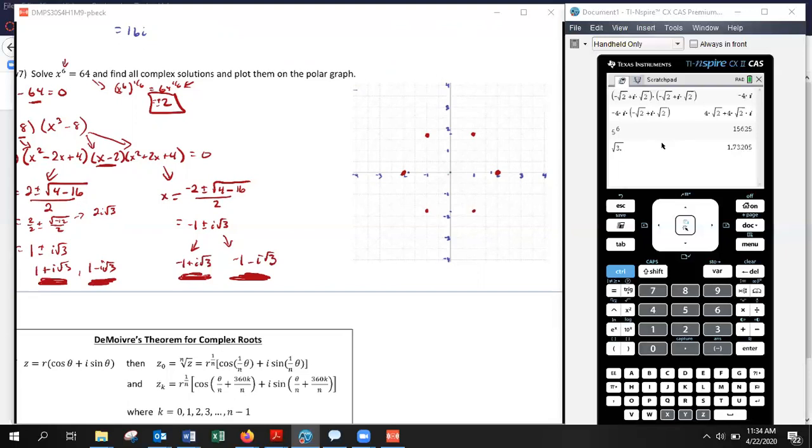Now, one of the very neat aspects about plotting polar numbers, and really polar roots, is that when you plot polar roots, you end up with a regular n-gon in the polar plane.